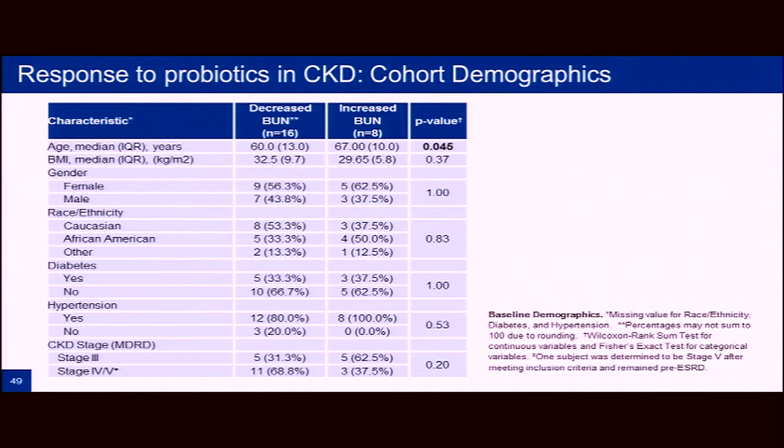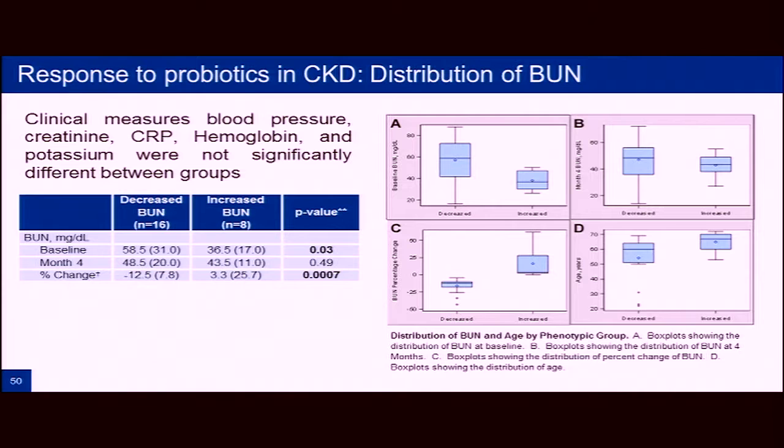I'll show you that distribution in a minute. BUN was actually significantly lower in the increased BUN group at baseline, and there was no difference after the 4-month trial.